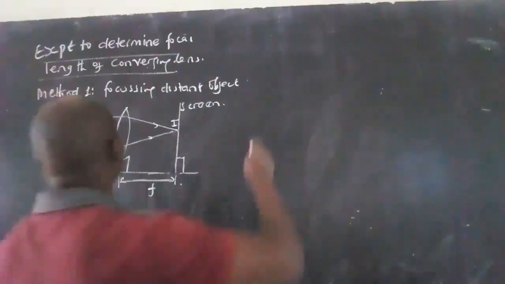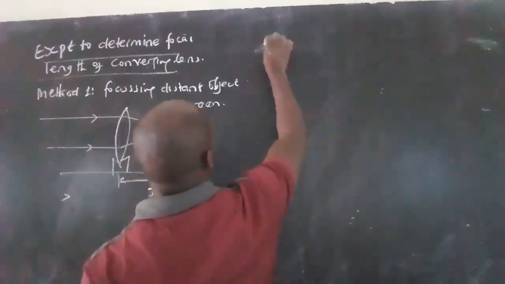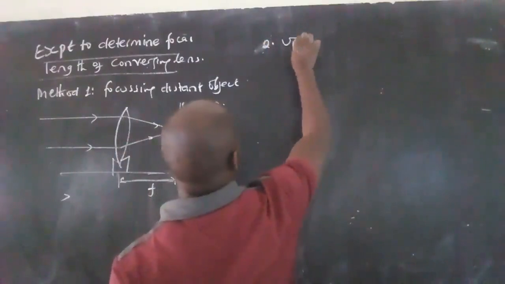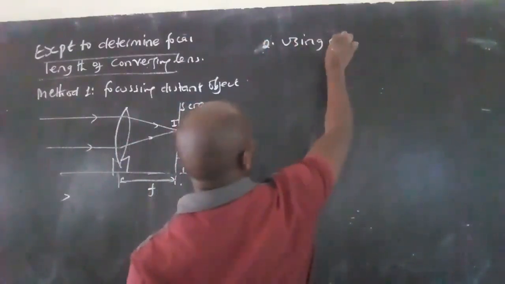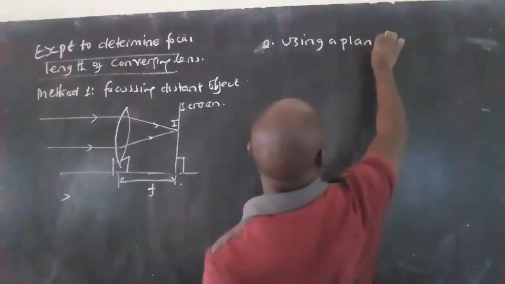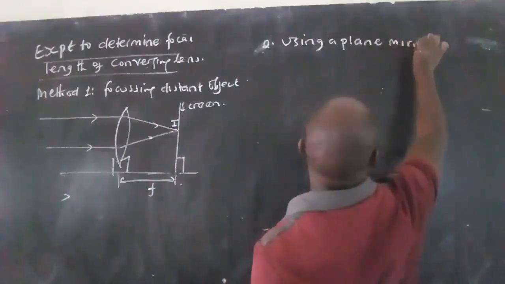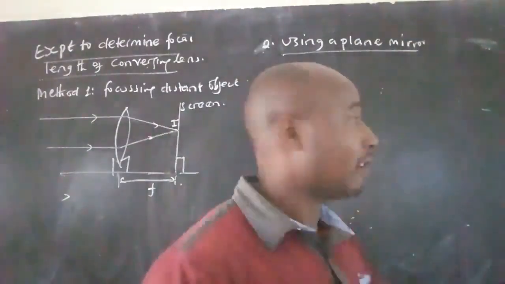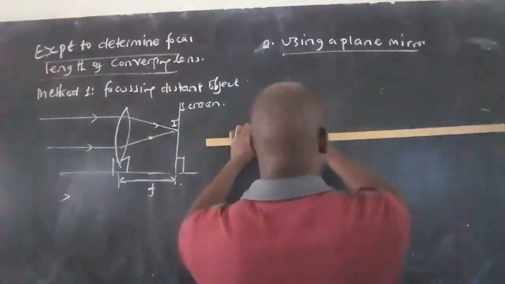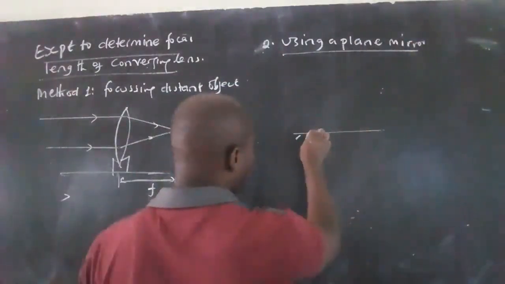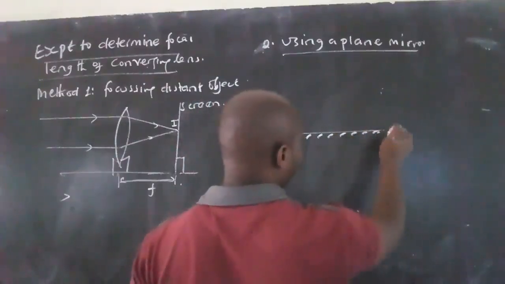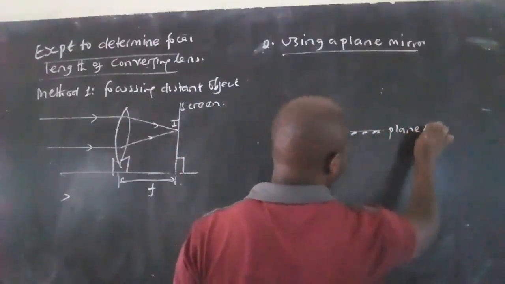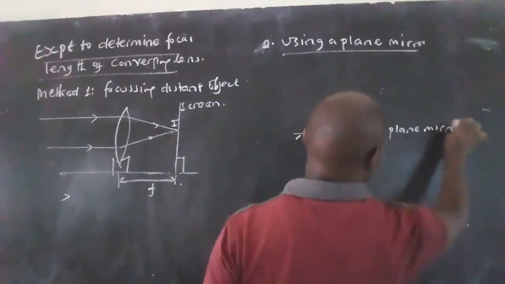Then number two, method two, using a plane mirror. So using a plane mirror, we shall have this. This is a plane mirror.